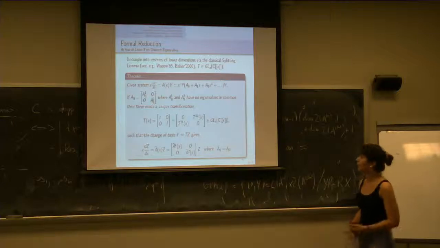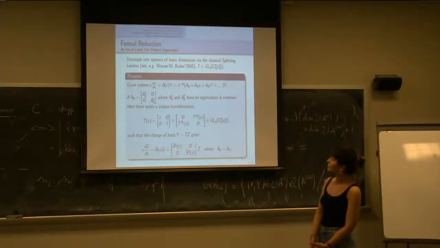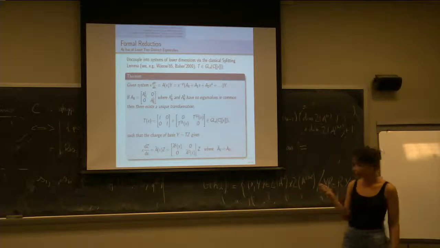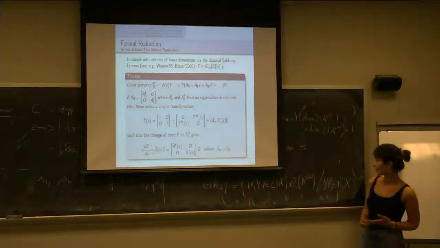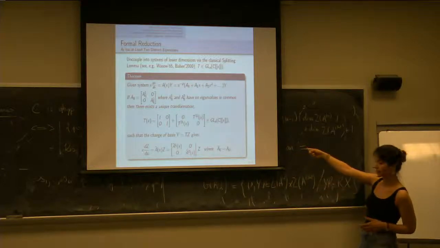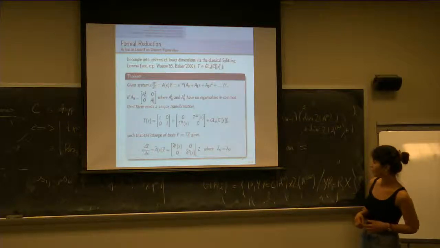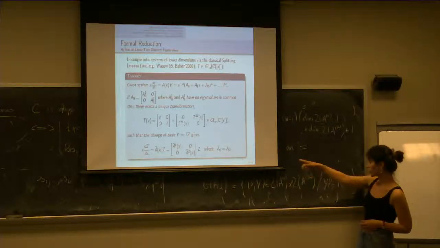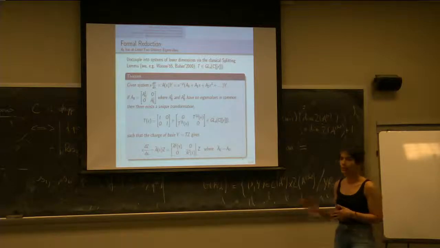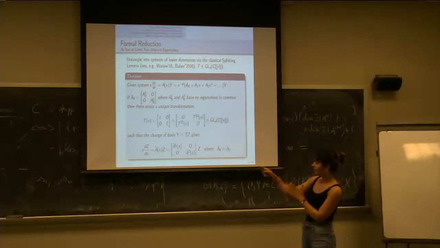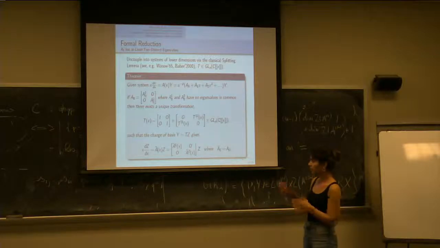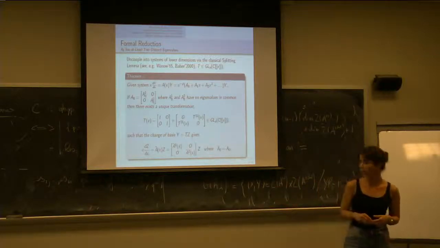And the theorem states that given this system, if A0 can be written in the following block diagonal form such that A01 and A02 have no eigenvalues in common, then there exists a unique transformation, which you can see is invertible in the ring, or unimodular, such that the change of basis will result in a system which is uncoupled as follows. And now we can deal only with the system whose matrix is A1 tilde and the other system whose matrix is A tilde 2.